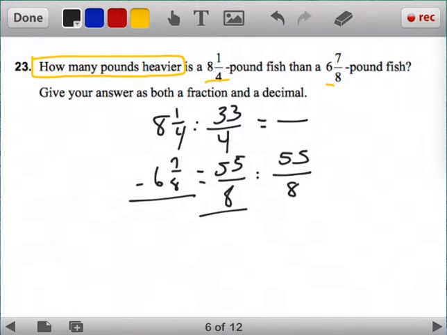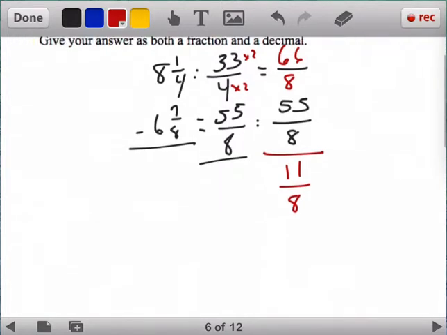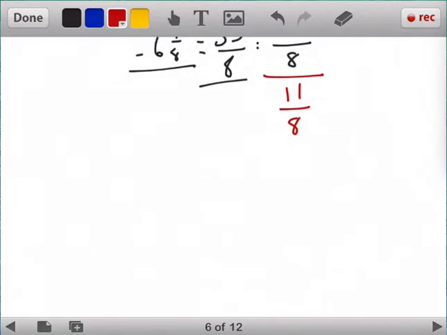And then here we have 4, multiply top and bottom by 2. 8 here, and then 33 times 2 is 66. So I have 66 eighths minus 55 eighths, which is 11 eighths. So the fraction answer is the first fish is 11 eighths pounds heavier.